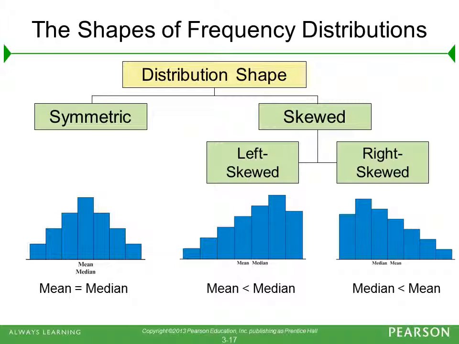So as far as the shape of the distributions is concerned, the symmetric and skewed are the two different types of shapes. It can be left skewed, where mean is less than the median, or right skewed, where mean is more than the median, or the median is less than the mean.